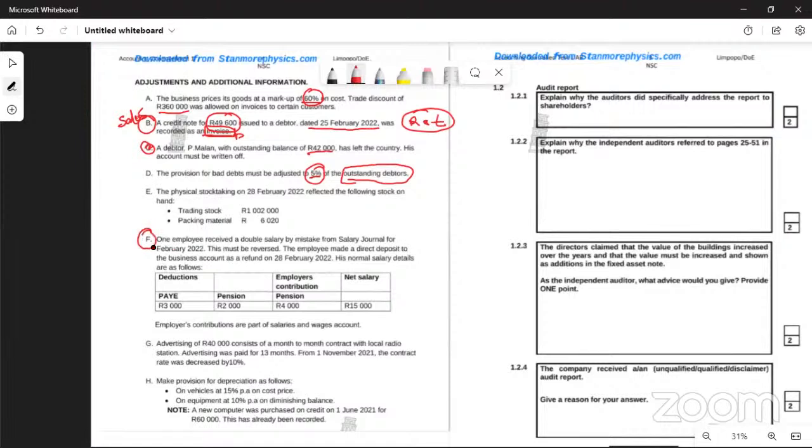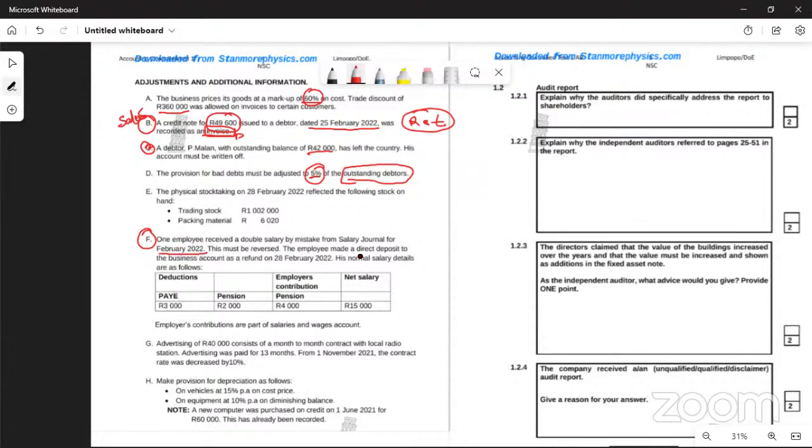What's in information F? One employee received a double salary by mistake. Maybe this one is new. This employee received a double salary by mistake, which means he was paid in advance from the salary journal for February 2022. This must be reversed.